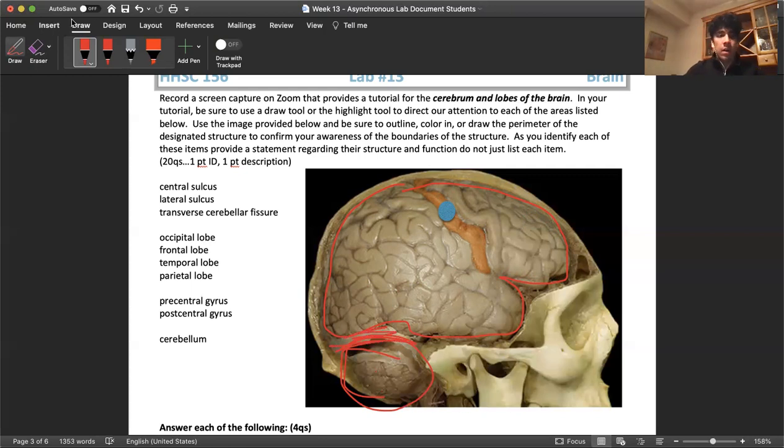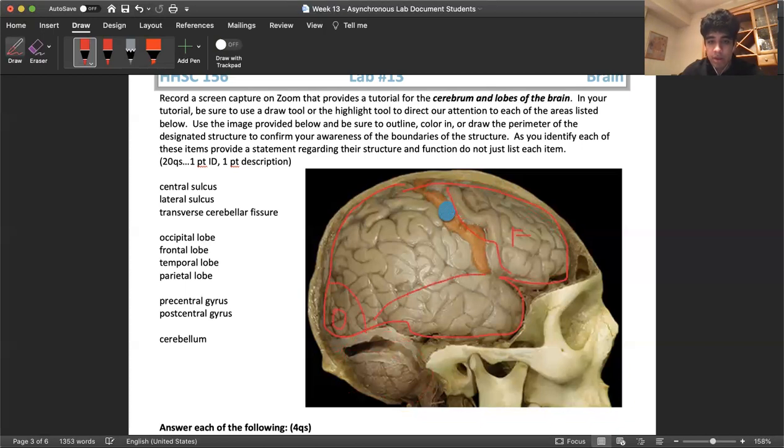Going back. We introduced the lobes earlier, but we'll go over them again. Up here I have my frontal lobe. Back here I have my occipital.